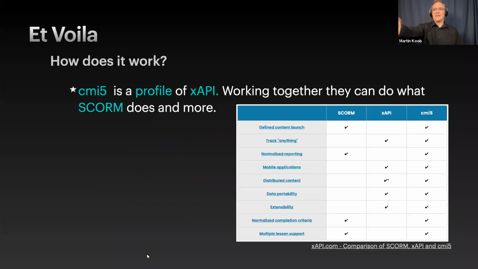SCORM does even less, but cmi5, because it's a profile of xAPI, sits on top of xAPI in a sense. It has verbs. Using cmi5, which communicates via xAPI to the learning management system and the learning record store, it acts like SCORM, but it has all of the features of xAPI and more.